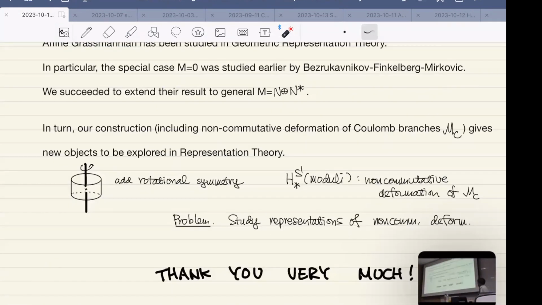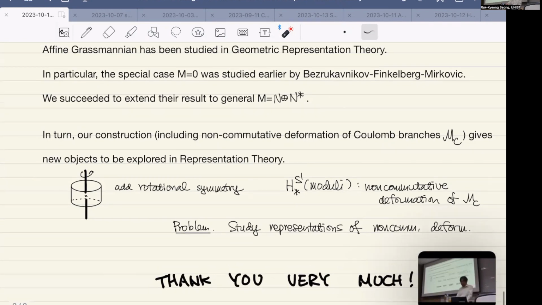For example, I consider the special case, the M equals 0 case, where Hiraku Nakajima has already considered the corresponding quantization. And I also study some other examples, and for example, the Cherednik algebra, the Braverman-Etingof-Finkelberg style Hecke algebra, appears as an example of this non-commutative deformation of the Coulomb branch.